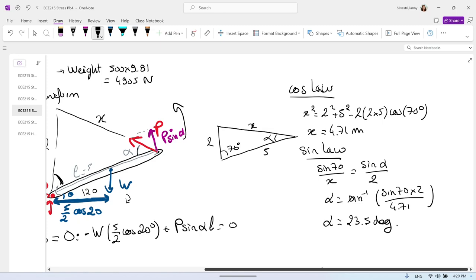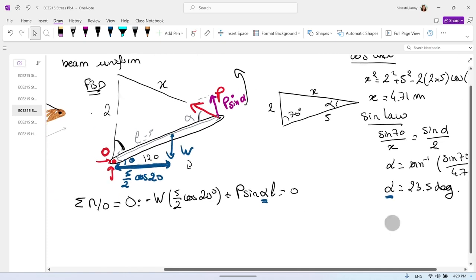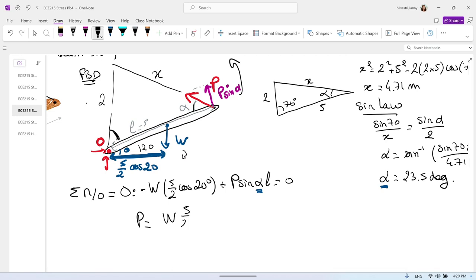Okay, so this is the value that we were missing that we will add to our equation, and we also have L. So let's now find P. We have P equals W times 2.5 cosine 20 degrees, divided by sine 23.5 degrees times the distance L, that is 5.